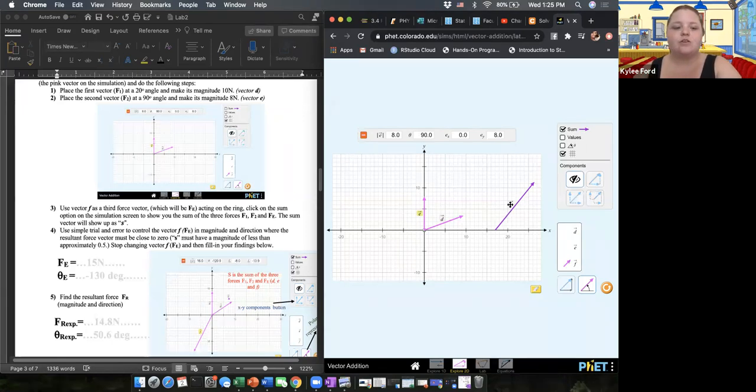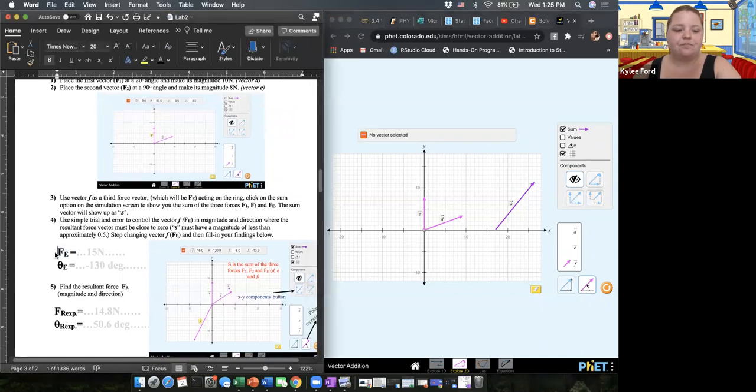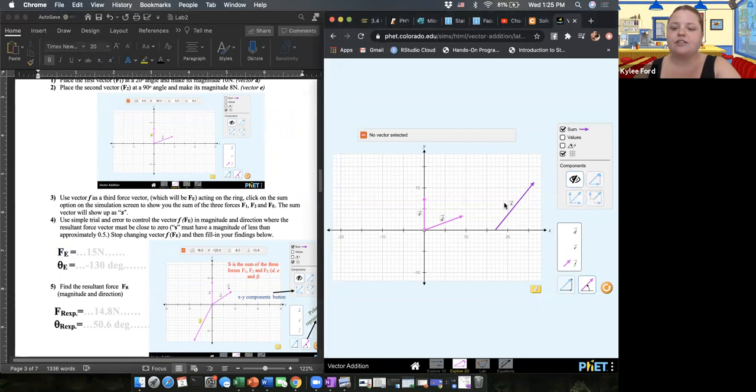Okay, so that's going to be my first setup. Then I want to talk about my force that is going to balance or counteract my summation here. So I'm going to pull this over here to get it to make sense. I'm going to take my third vector and try to counteract this summation here.